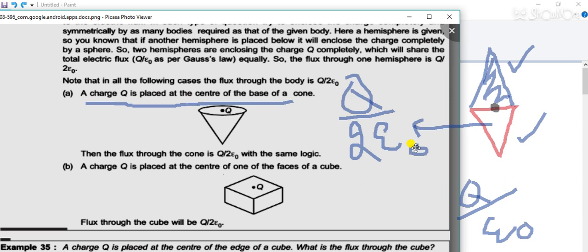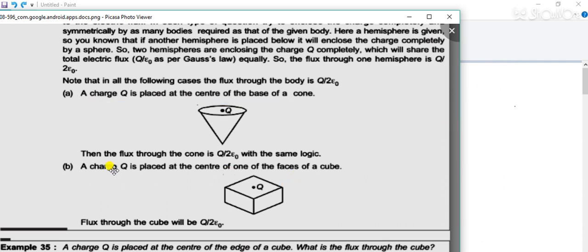In the same way, students, this is all about question number part A, and we are discussing question number 34. I hope this question is clear. Okay, now in the similar way, a charge q is placed at the center of one of the faces of a cube.